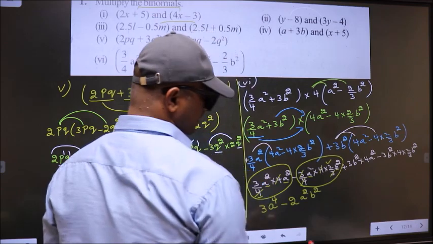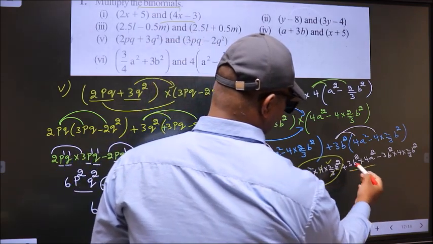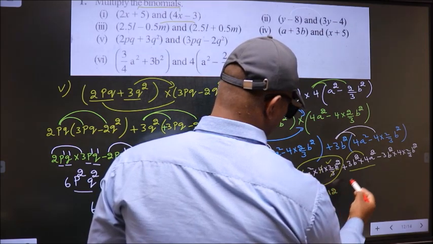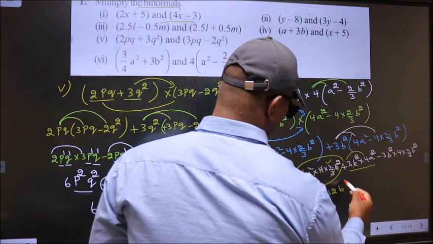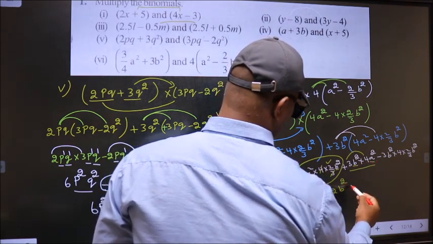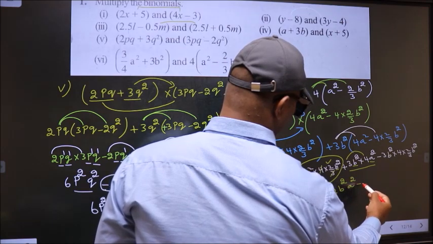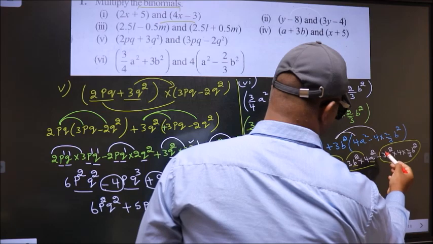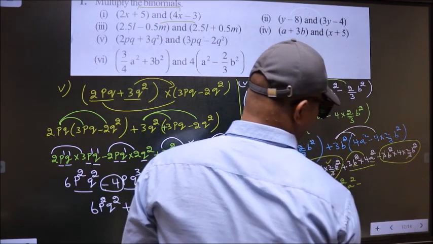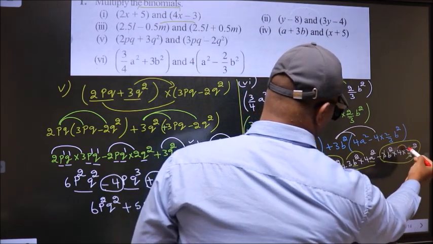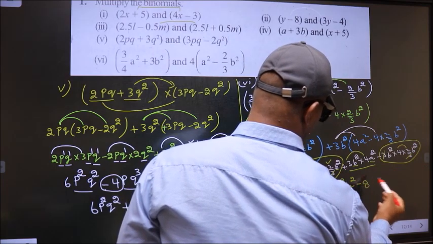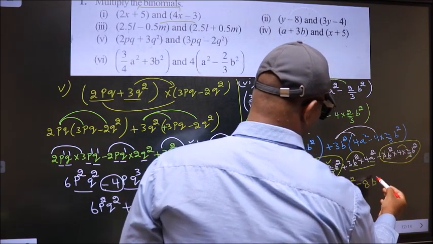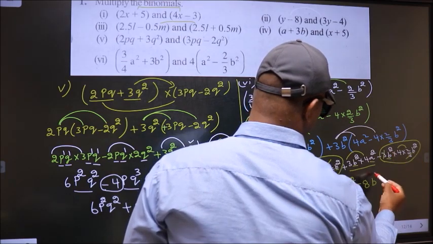Now next, here the numbers 3 into 4, 12. B appeared only once, B square, A appeared only once, A square, minus. Now you observe this, 3 in the numerator, denominator cancel out, 4 into 2, 8. Now here B, so write B. Add the powers, 2 plus 2, 4.